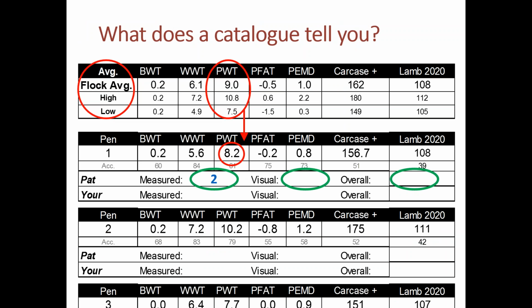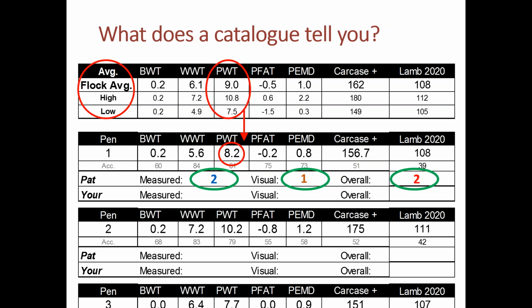Now obviously in practical terms that measured grade is done on more than one trait, because you normally have more than one trait in your breeding objective. So I'm just simplifying it in this case, not suggesting you should only be using one trait. Then if, for example, I think he's ideal on the visual traits of interest, and I grade him as a 1, then overall I would grade that ram as a 2.